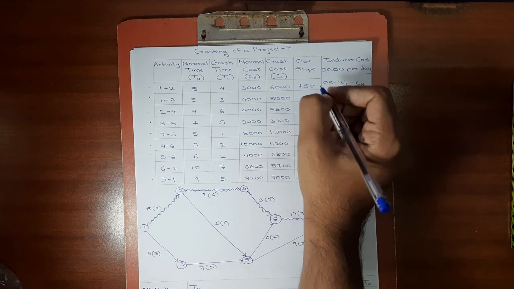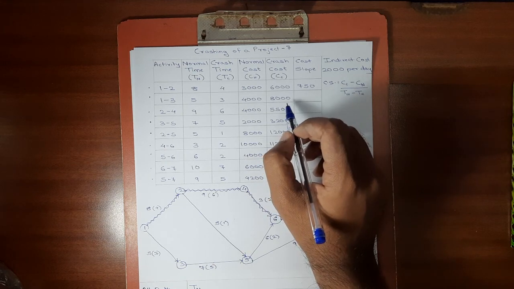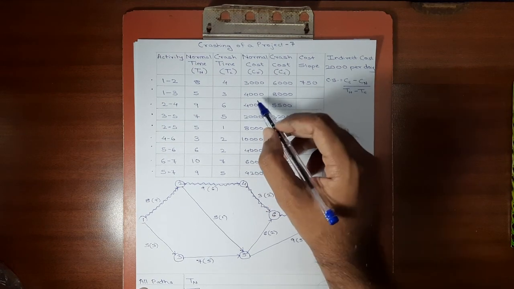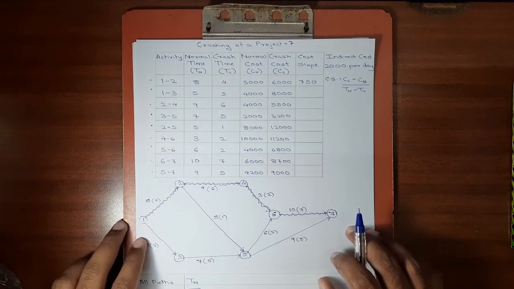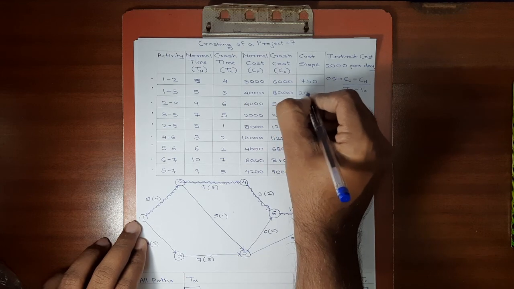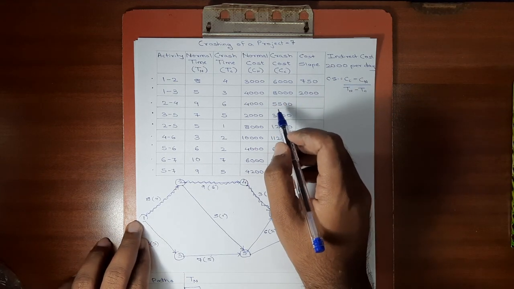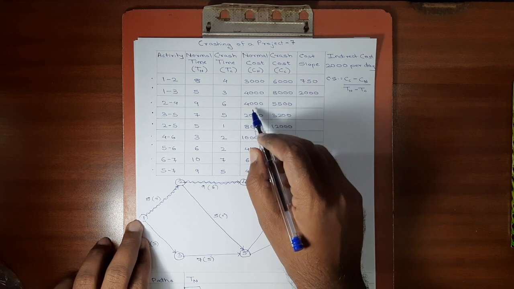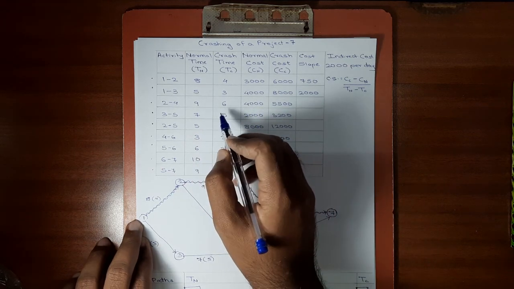Similarly, the cost slope of second activity will be 8,000 minus 4,000 gives 4,000. 4,000 divided by 5 minus 3 is 2. So 4,000 divided by 2, the cost slope will be 2,000. Next step is 5,500 minus 4,000, which gives 1,500. 1,500 divided by 9 minus 6 is 3.